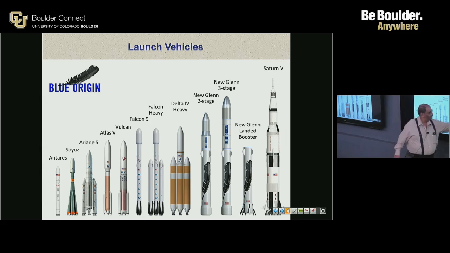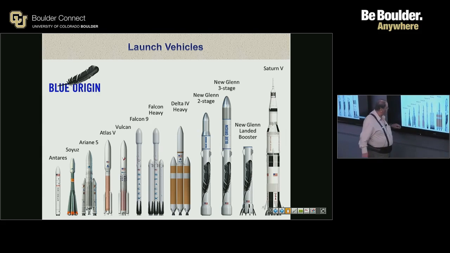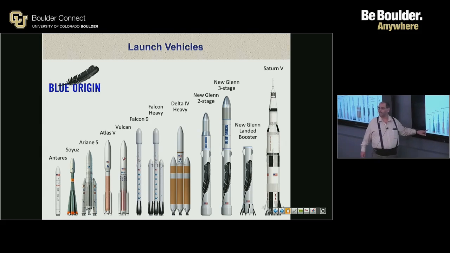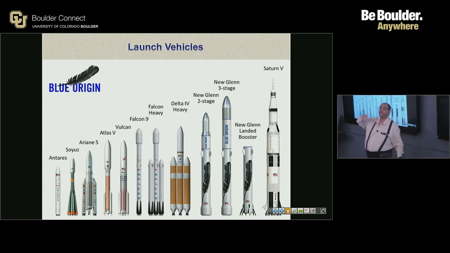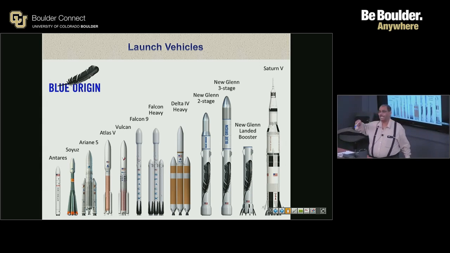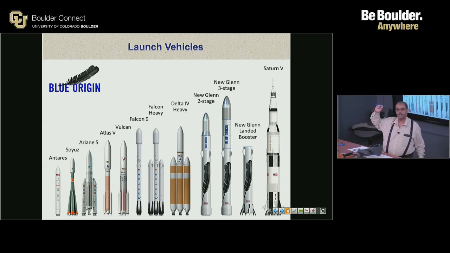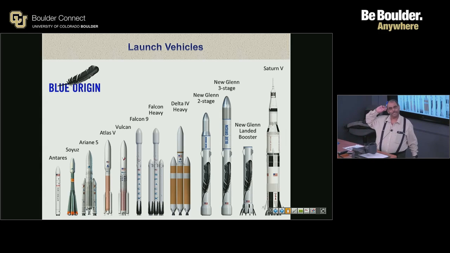Compare that to the various launch vehicles we have. This is Antares. Who has Antares? Okay, all right. The Antares 100 and 200. The difference is Antares 100 used the Aerojet version of the NK-33, which we'll talk about in a minute, Russian engine.